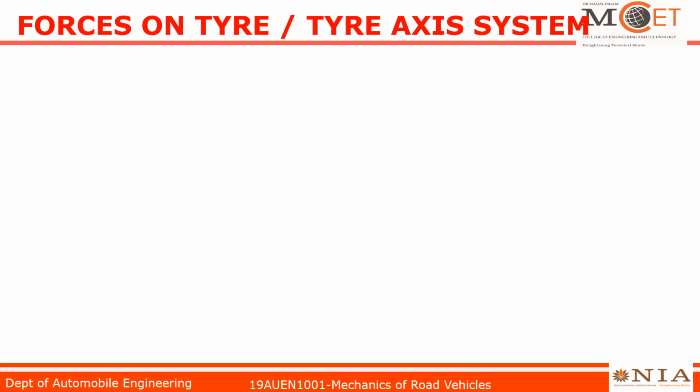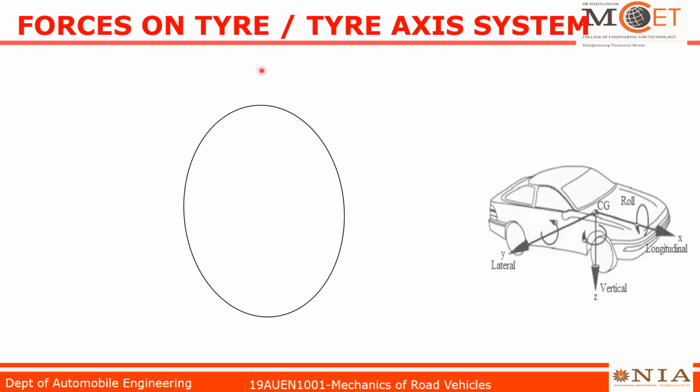Forces on the tire, or tire axis system. Let me take a tire like this. To describe the forces and moments acting on the tire or wheel, one of the commonly used axis systems, recommended by the Society of Automotive Engineers, is the vehicle axis system. Here we took the CG point as the center or origin point.